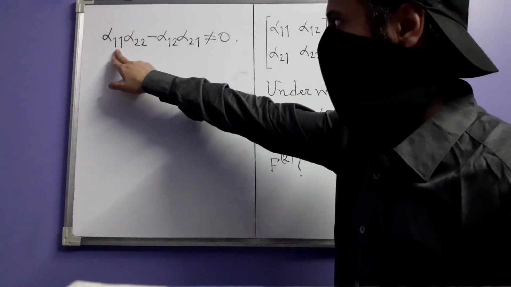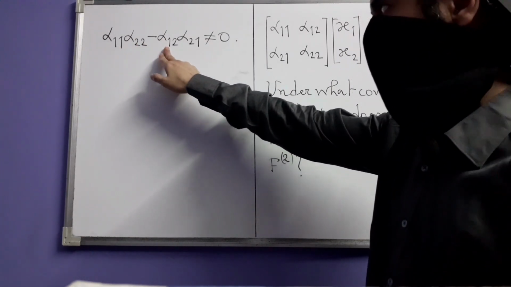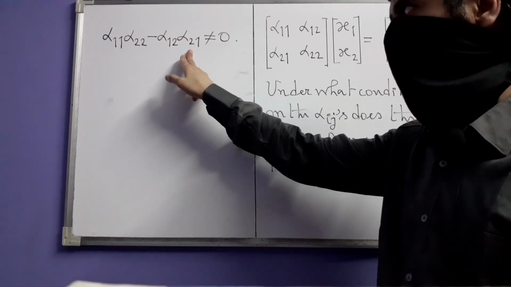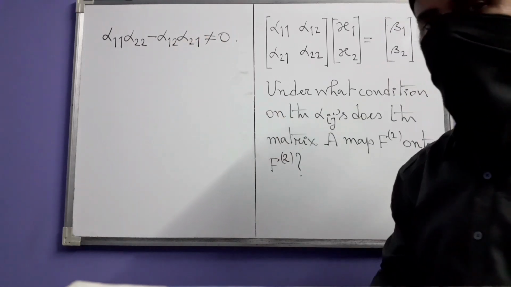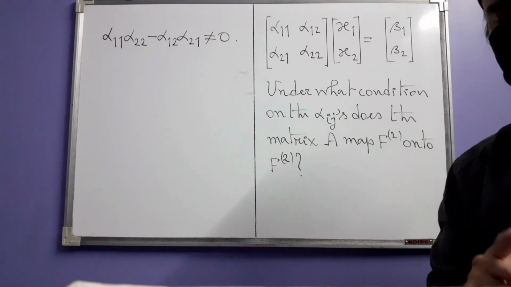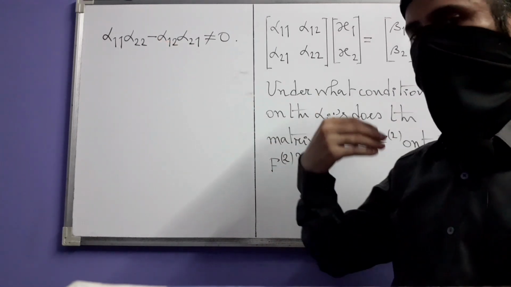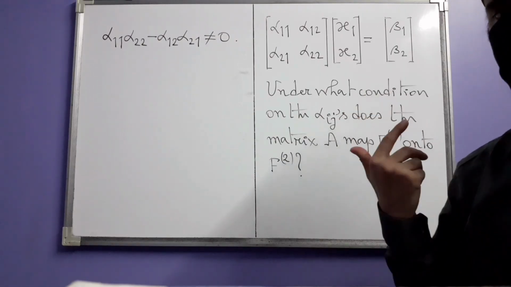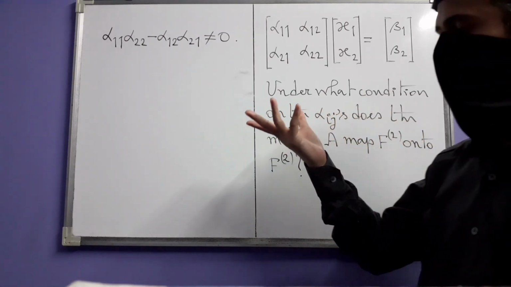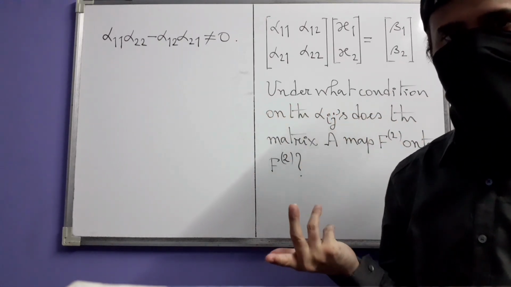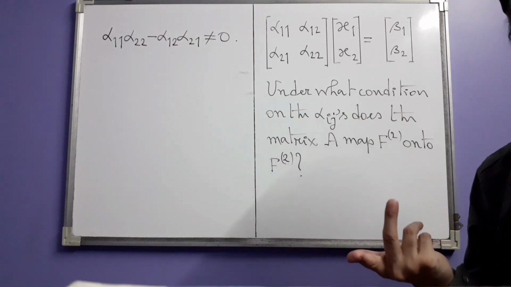You want alpha 1 1 alpha 2 2 minus alpha 2 1 alpha 1 2 to be non-zero, because this appears as the coefficient of x2 on one side, and on the other side there is something else. So if it is 0, of course from that you cannot calculate x2. x2 can be anything then.